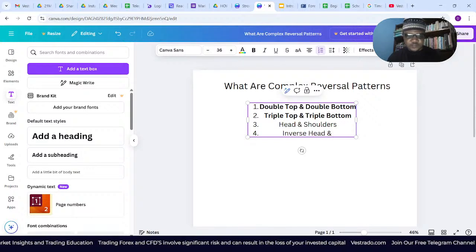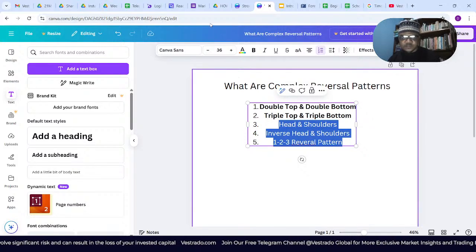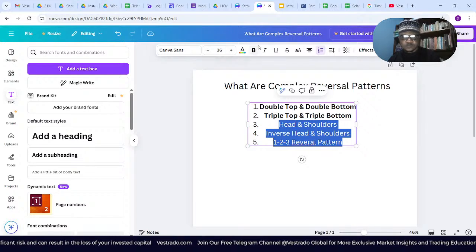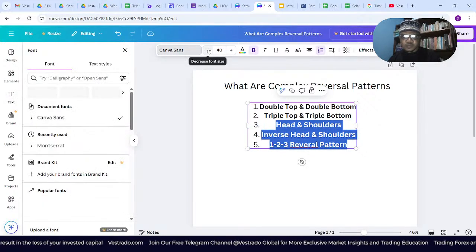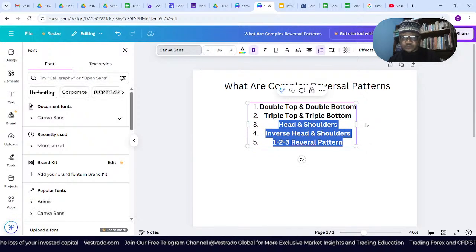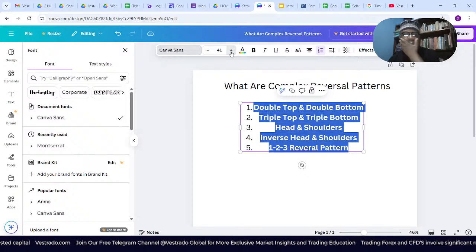And last but not least, the 1, 2, 3 reversal pattern. These are the major complex reversal patterns I want us to look at today.